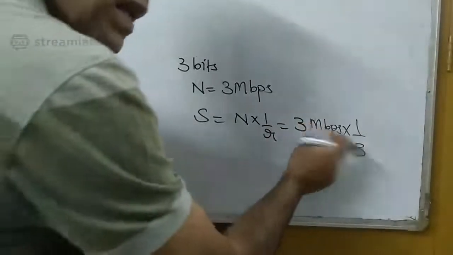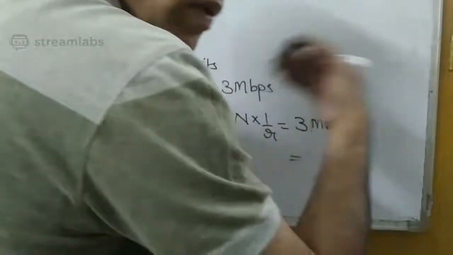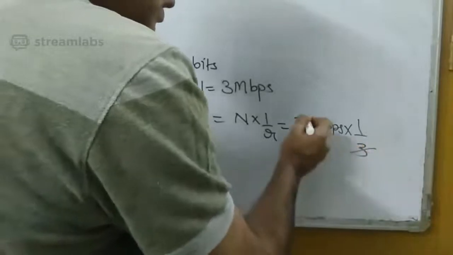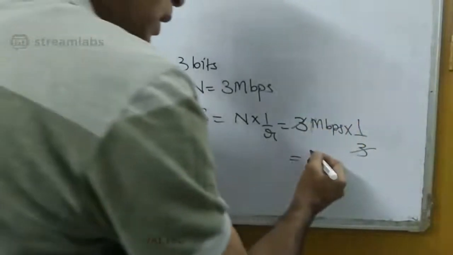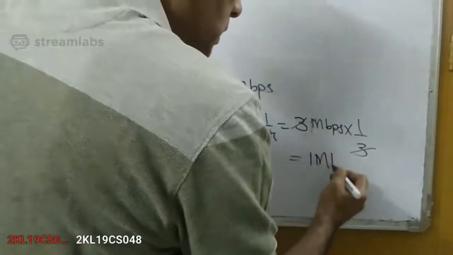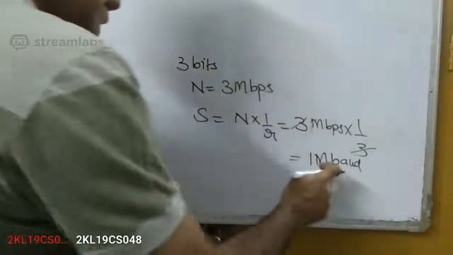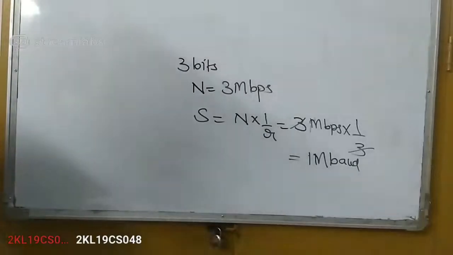I'll keep it in Mbps rather than converting to bits per second. So 3 gets cancelled, a very simple example. The signal rate is 1 megabaud.